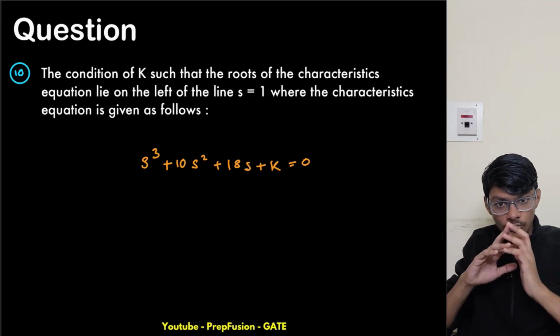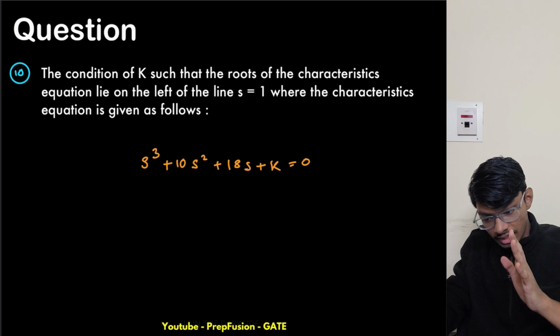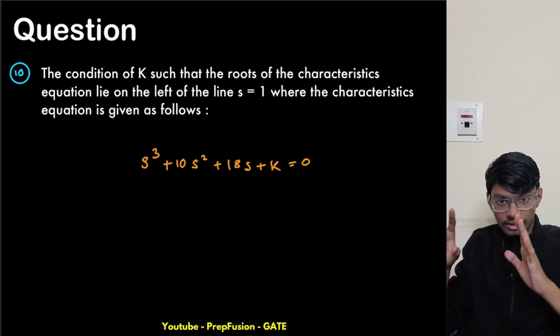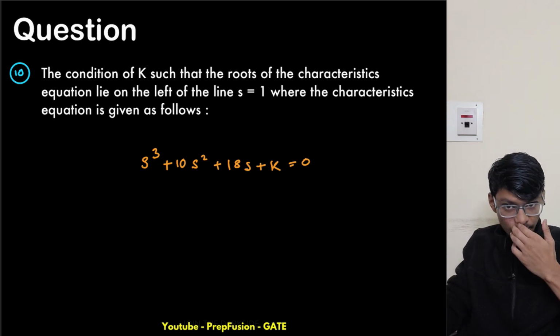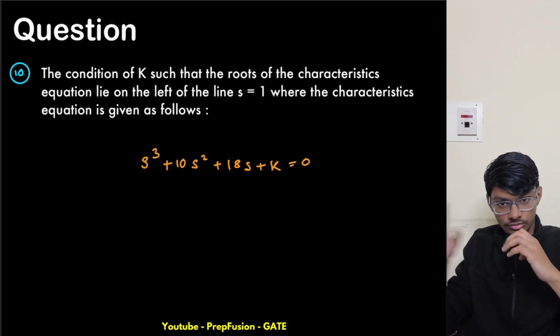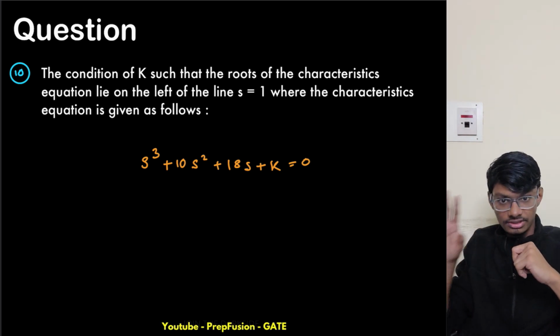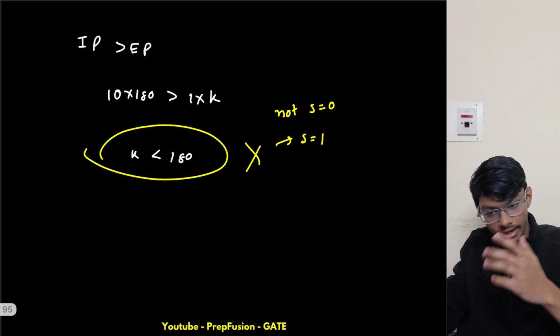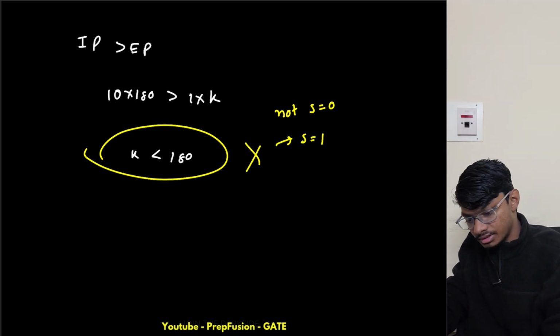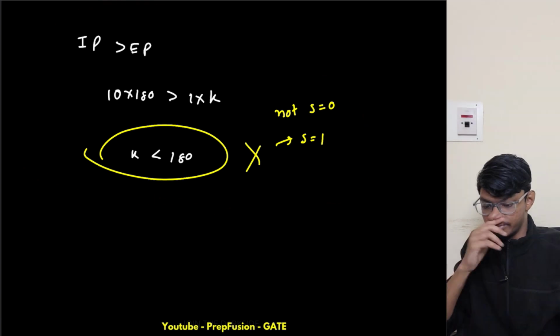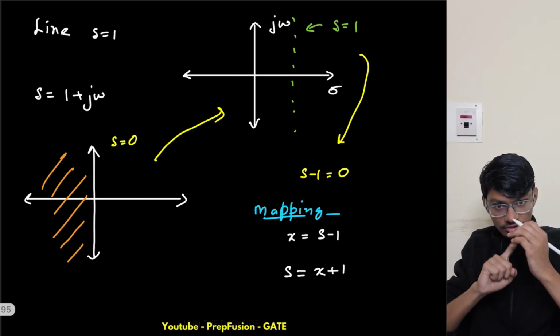But I have to find the roots on the left hand side of the s equals to 1 line. For that, what condition should my k follow so that my roots are on the left hand side of the s equals to 1 line? I don't know how to find that directly. I can't simply use that internal and external product concept. So I use the concept of mapping.